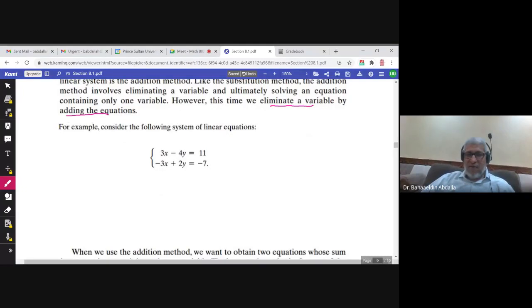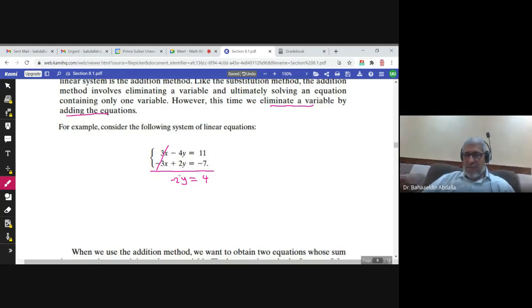How? If you have this system, for example, look to this system. This is the first equation. This is the second equation. What happens if you add these two equations? 3x minus 3x, 0. They cancel. Negative 4y plus 2y, you have negative 2y equals 11 minus 7, that's 4.